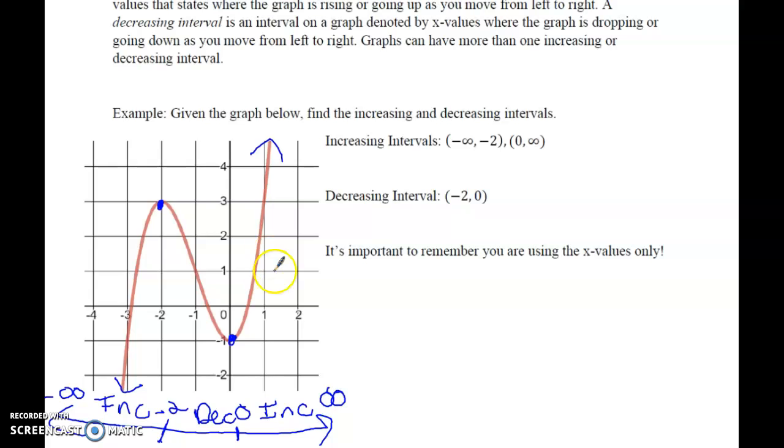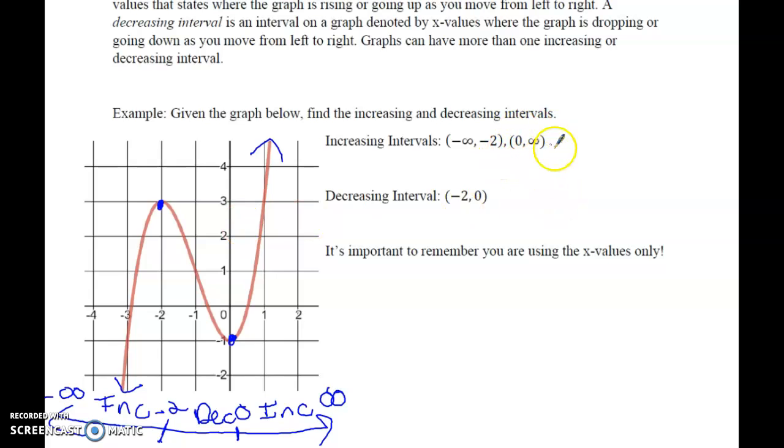And what you want to do, again, we're using the x values of these points to find our increasing and decreasing intervals. So our increasing intervals, there's two of them, here and here. And the x values are from negative infinity to negative 2. That's this part, or this part.